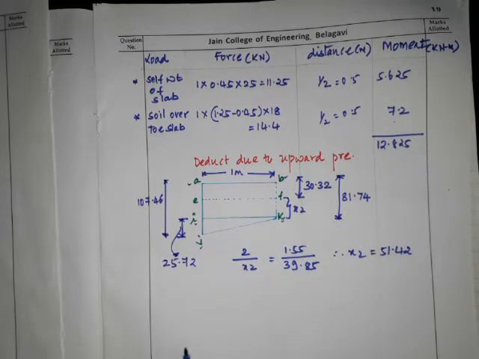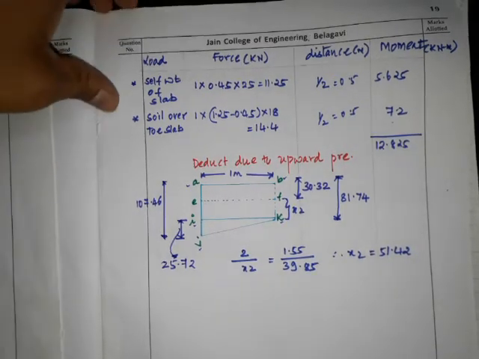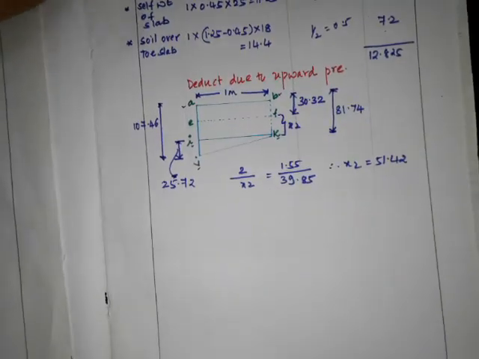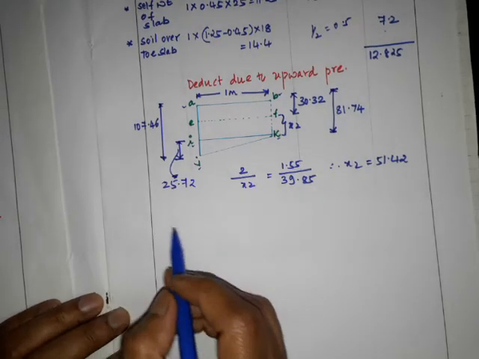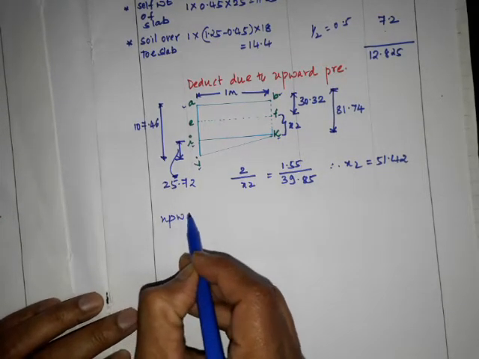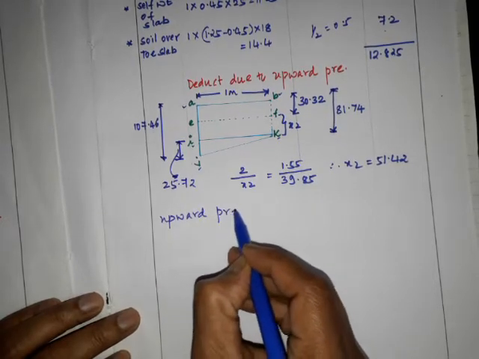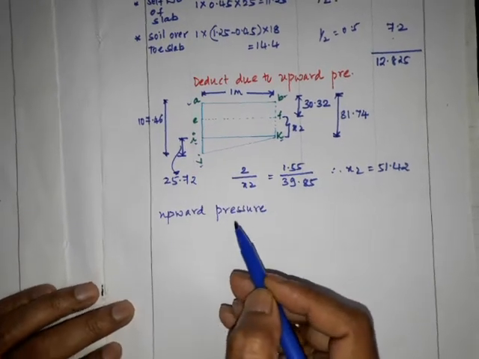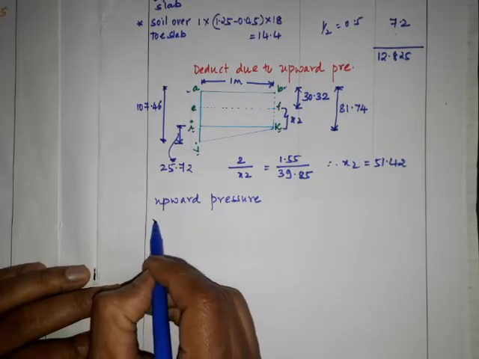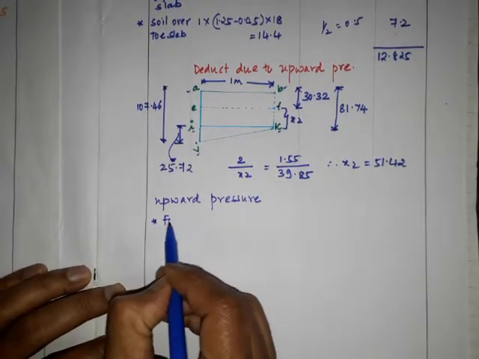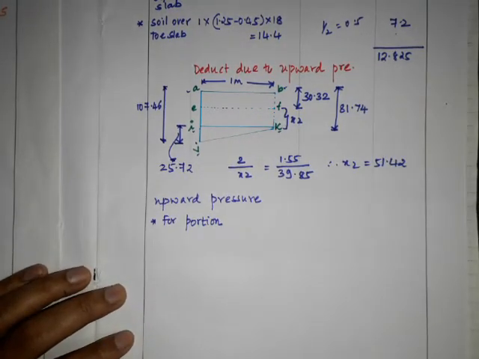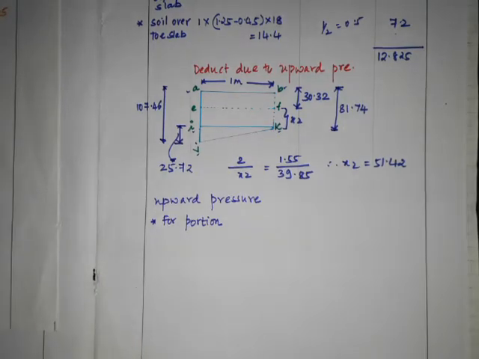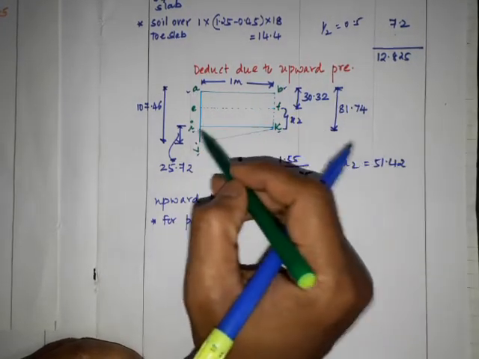Understood? So I'll calculate here the moment due to upward pressure, first of all for portion ABIK.